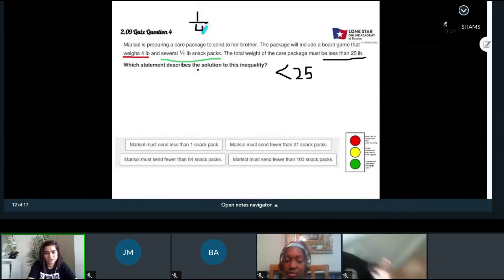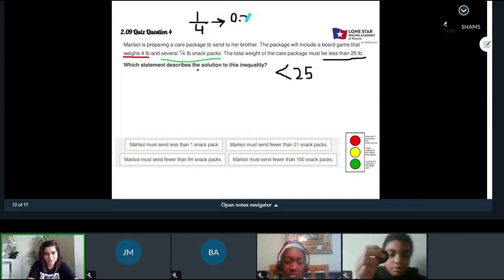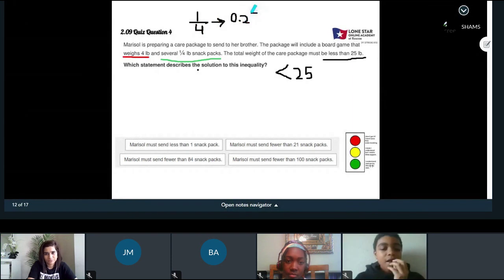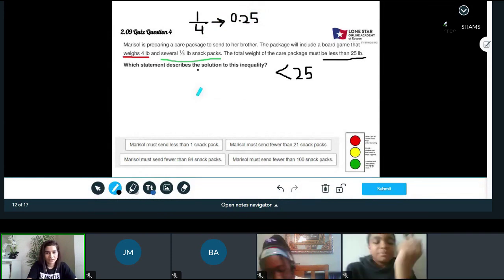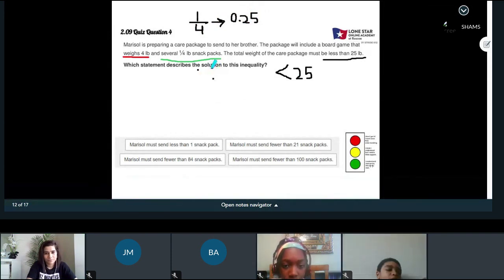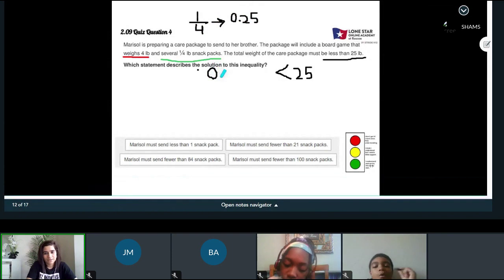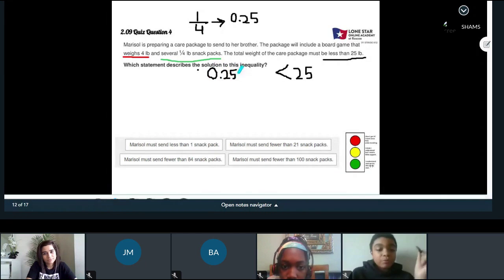If you want, you can also say 0.25 if that makes more sense to you. If 1/4 makes more sense, you can also do that. Either way, it will be marked correct. Very good, Bella. Excellent. So I'll just use a decimal: 0.25x plus 4 should be less than 25.